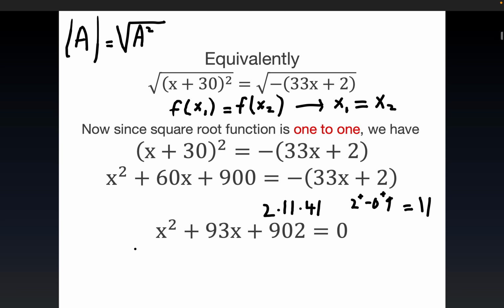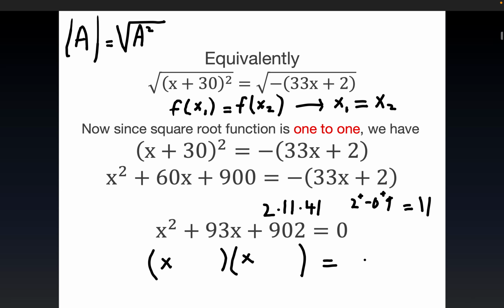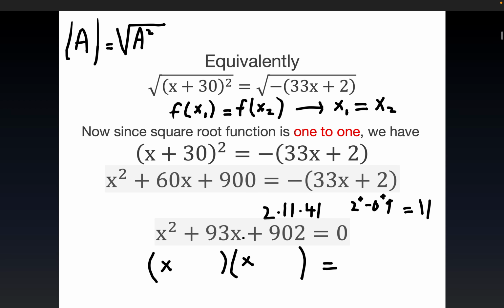Okay. Now, notice that if this is going to factor, it has to admit this form right here. Now, folks, what are we doing here? We are looking for two factors, two integers that sum up to 93, and whose product is this number.